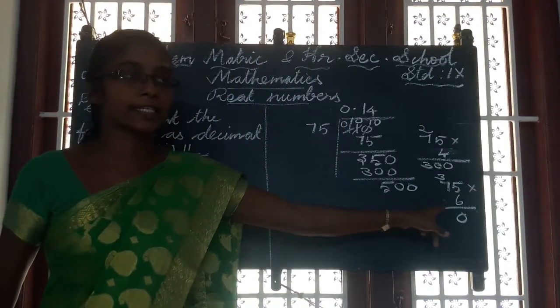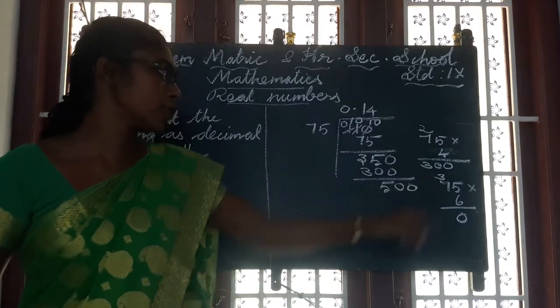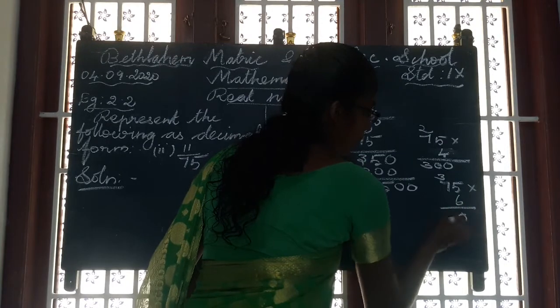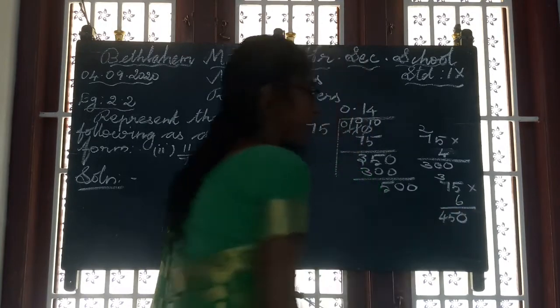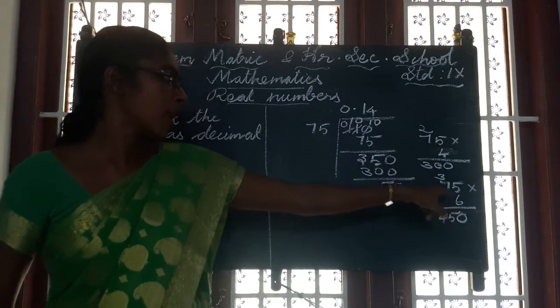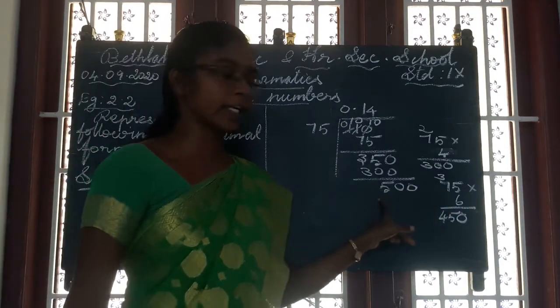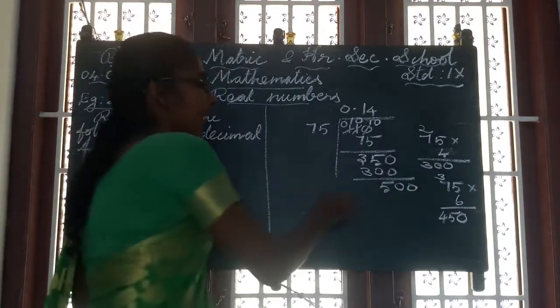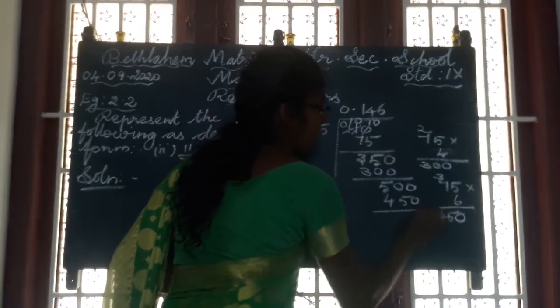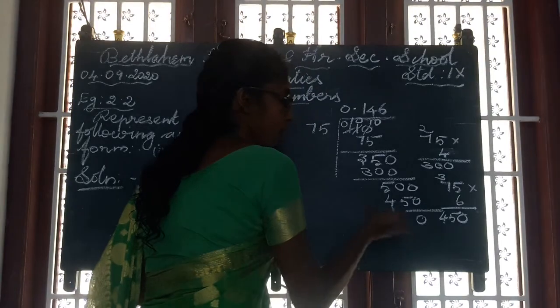Then 7 6s are 42, 42 plus 3, 45. 450 will be got. If you take 7 times, more than 500 will be got. So we write 6 times 450, and subtract: 0 minus 0, 0.